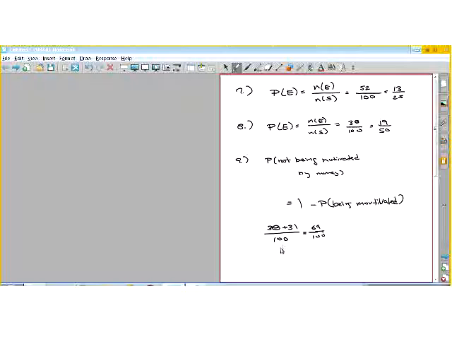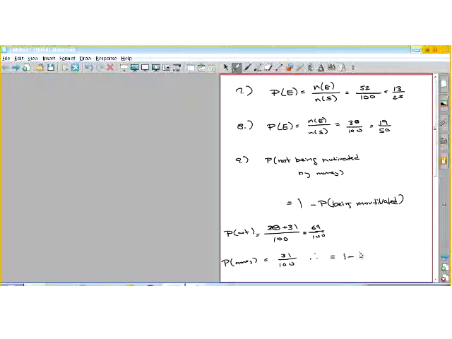The other case would be to find the probability of being motivated by money, which is just a single number in the table, 31. So the probability of being motivated by money is the number of people motivated by money divided by the total number of people to choose from.